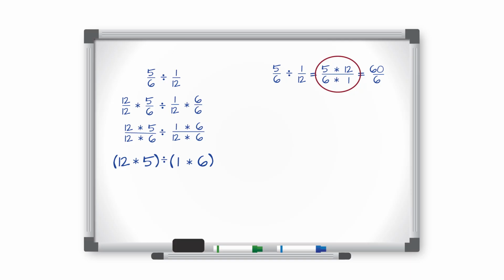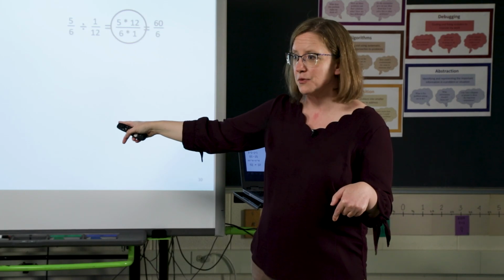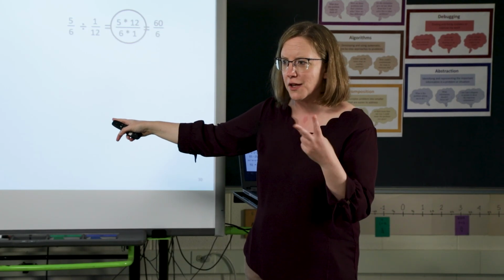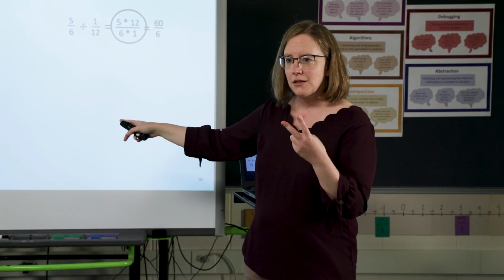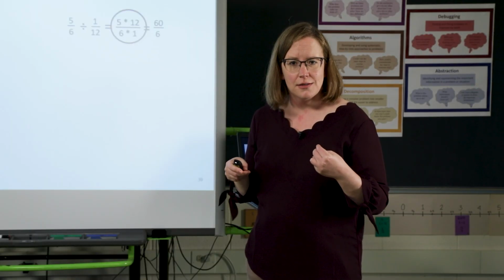And then we know that when there's a division sign like that, we can actually write that as a fraction. So we end up with 12 times 5 over 1 times 6, which is actually the same as what we had up here when we used our algorithm, except the 6 times 1 is in a little bit of a different order, but we know that's the same. So that's why our algorithm works.